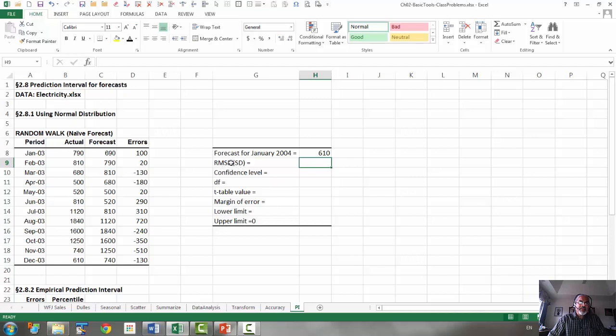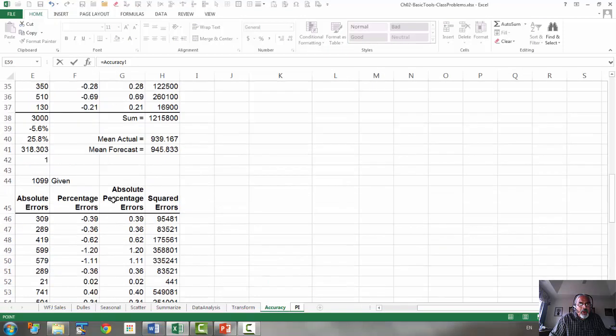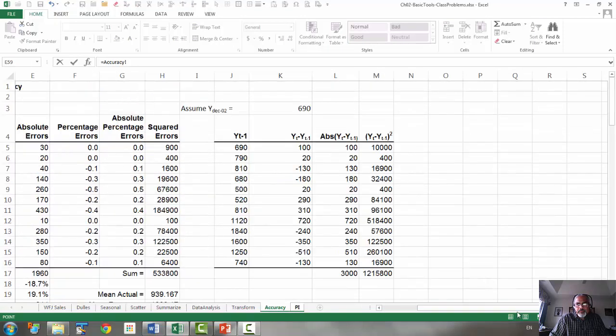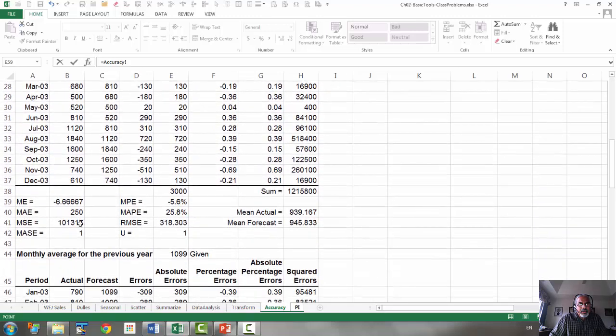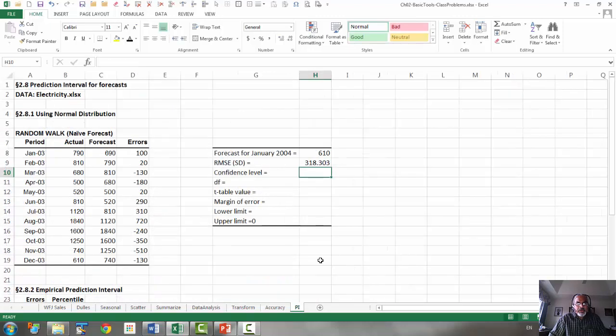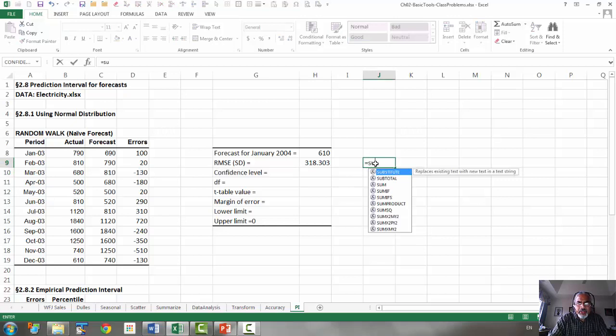Now RMSE, since this is the random walk, we can get it from the previous tab, which will be the same as, if you go to the previous tab for random walk, here is the random walk, RMSE is that. But we can also compute RMSE using a different Excel function, which is called sum of squares.